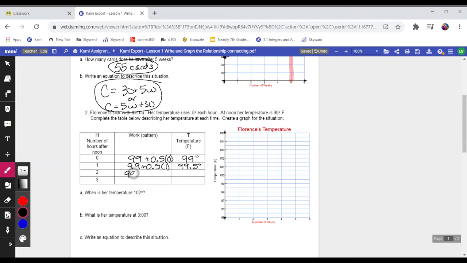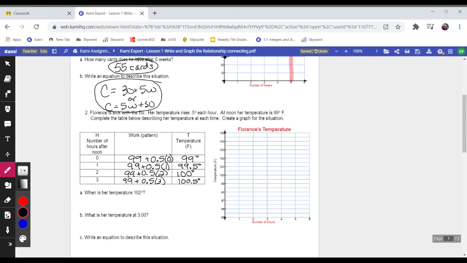Then I'm going to add another 5/10. Well, this time I'm doing 5/10 and multiplying it by 2. So that's making it 100 degrees. Same idea after 3 hours. 99 plus 5/10 times 3 brings me up to 100.5 degrees.